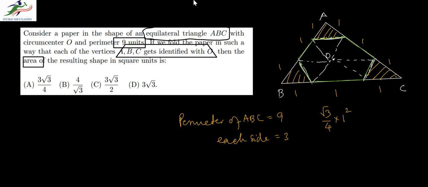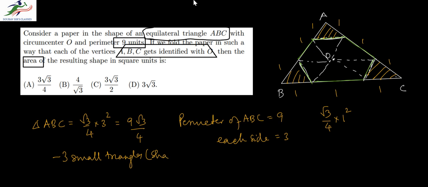The area of the original triangle ABC is root 3 by 4 into 3 square, that is equal to 9 root 3 by 4, and from that we have to subtract the 3 small shaded triangles. That area would be 3 into root 3 by 4 into 1 square, which is 3 root 3 by 4.